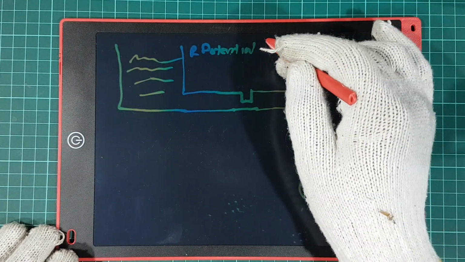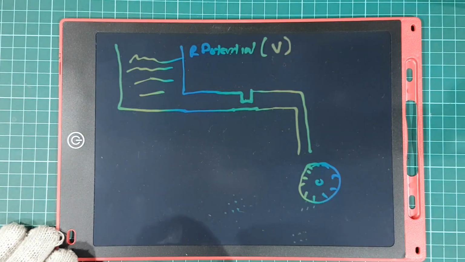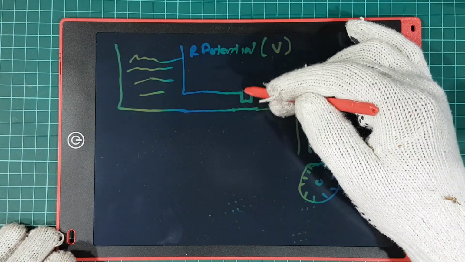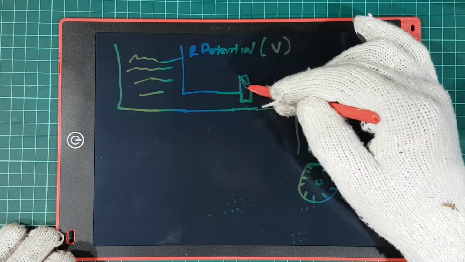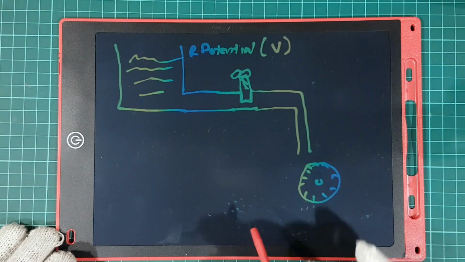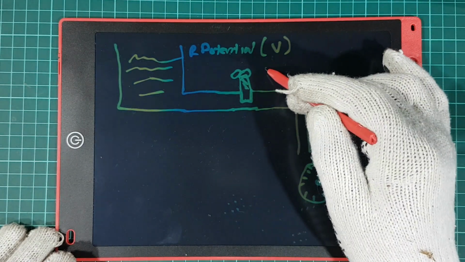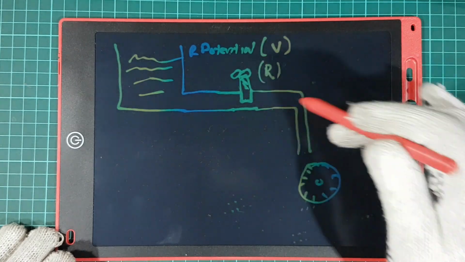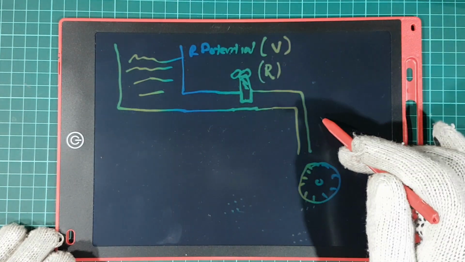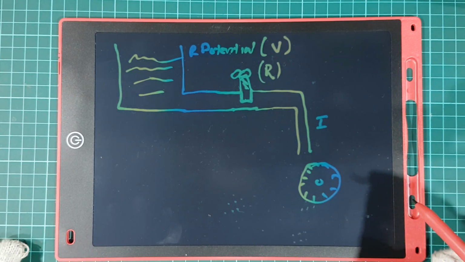So that will be then the voltage in our equation. The restriction we have here, which can be maybe a little plunger that you can screw in or out, that will cause resistance in the flow of the water, so that will then be R, our resistance. And then the flow will then be our current, which will then be I.